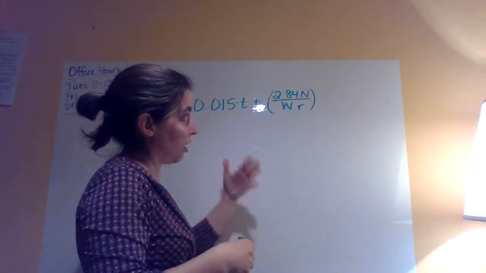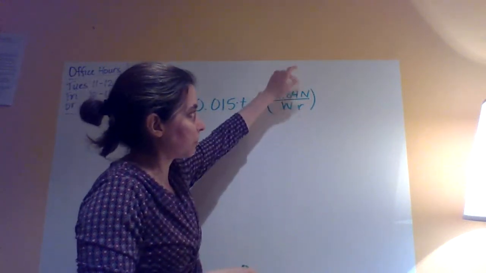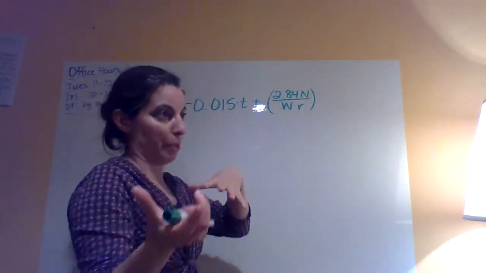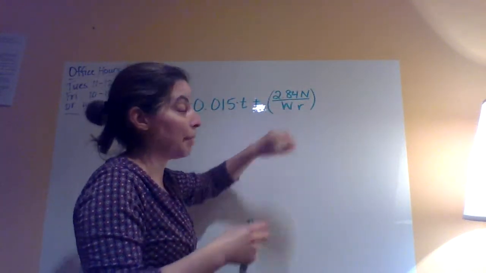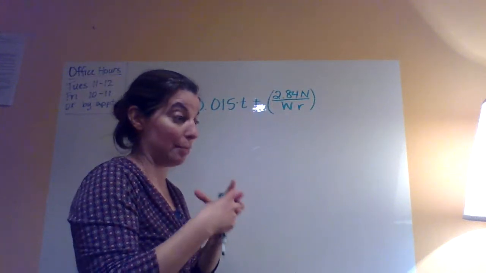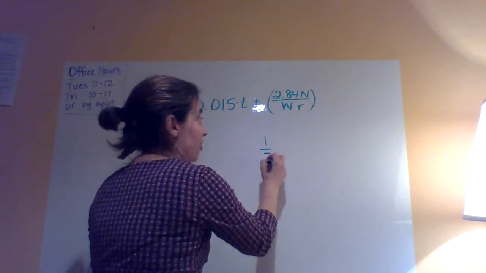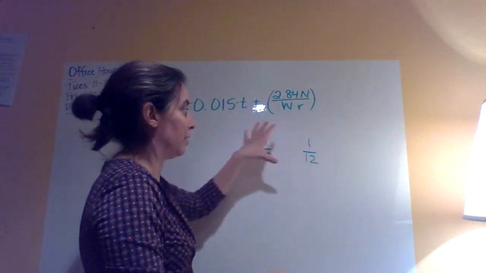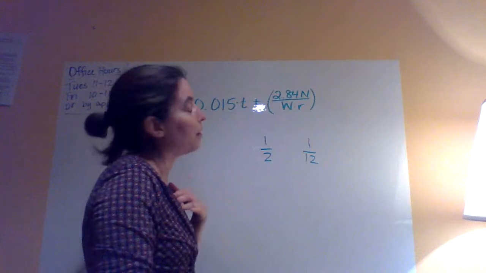Now when we have a fraction, if the numerator gets bigger, then the fraction gets bigger. If the denominator gets bigger, then the fraction gets smaller. So for example, if I have 1/2, if I make the denominator bigger, this is a smaller piece of my cookie than this is.